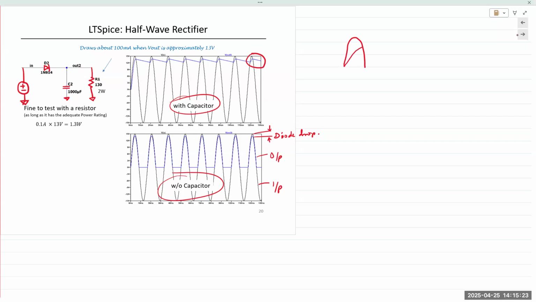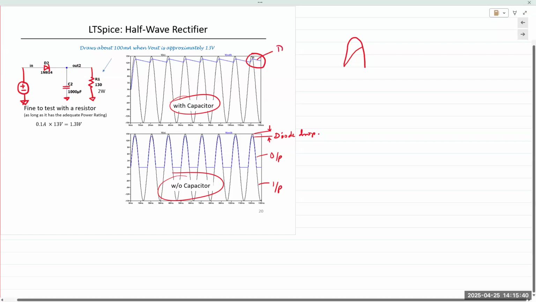Now, obviously, energy cannot be transferred in an instant. Even if you have all of the infinity stones, you cannot snap your fingers and move everything in an instant. The capacitor charges far slower than the waveform. And then when it's discharging, this is the discharge portion through the output resistor.